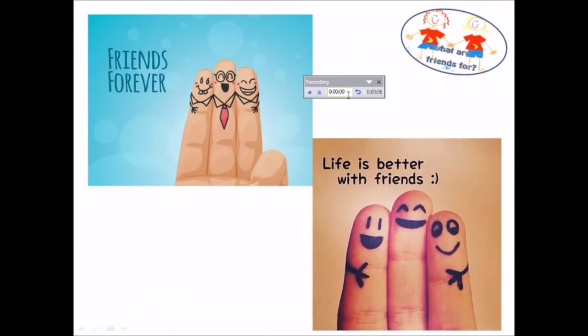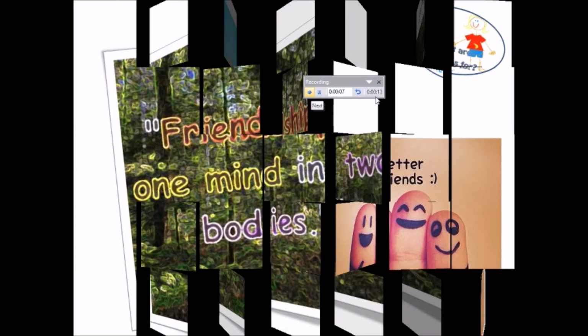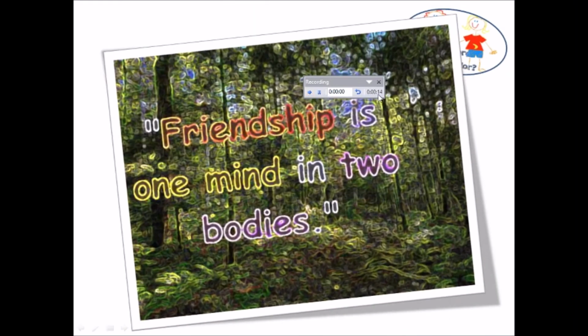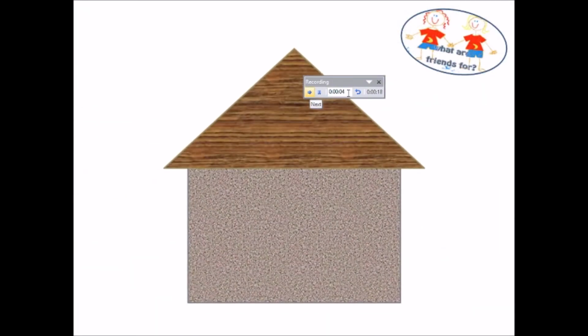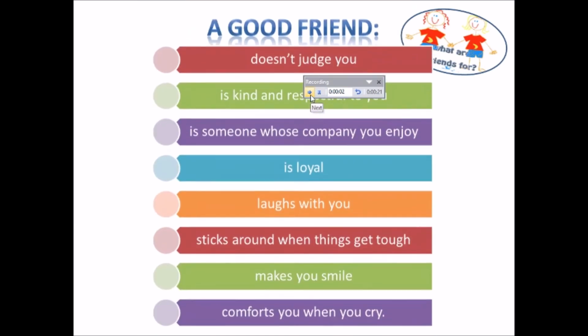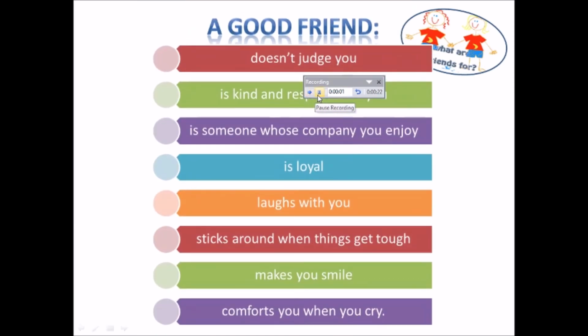So as you click to the next slide, the slide time starts from the beginning, but the total time just goes continuously. So it means you are recording time for each slide, and this is the next button for the next slide to change the slides.